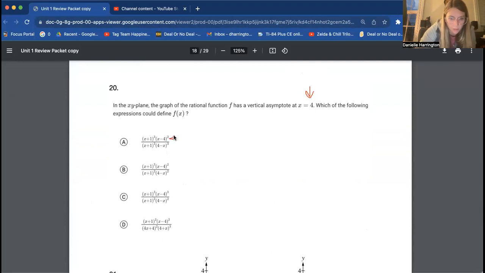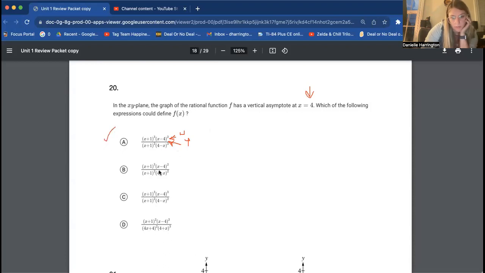So if I plugged in 4 here and plugged in 4 here, I'm going to get 0 over 0. That lets me know there's a hole. But do you see the multiplicity of A? The multiplicity of A is 2, but the denominator has it as a 3. So because the denominator is winning, this is a possibility.